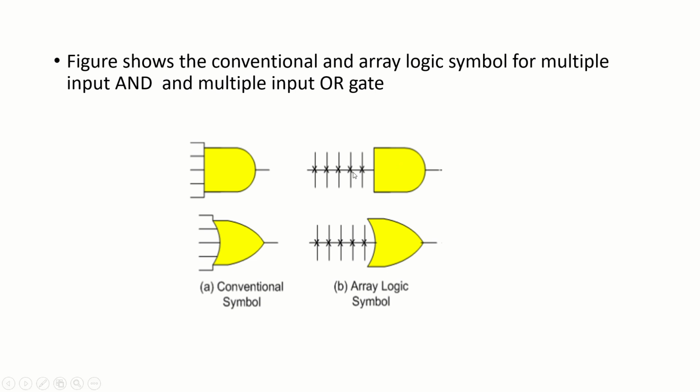So this is a collection of different inputs, that is, it is an array, right? An array of different inputs and a single output. Similarly for the OR array, we will have the same logic.